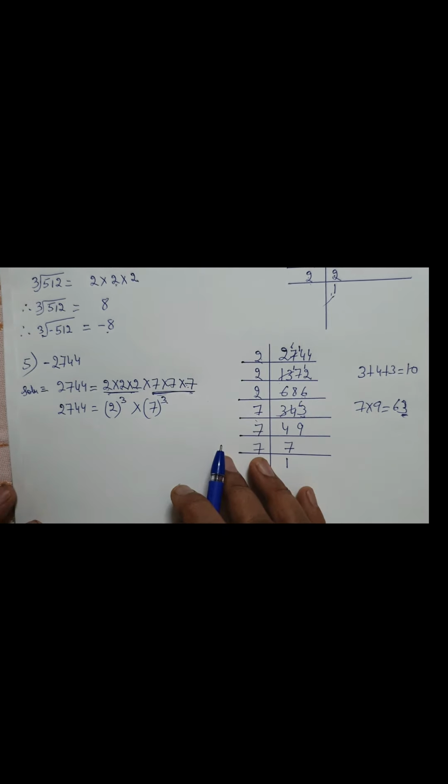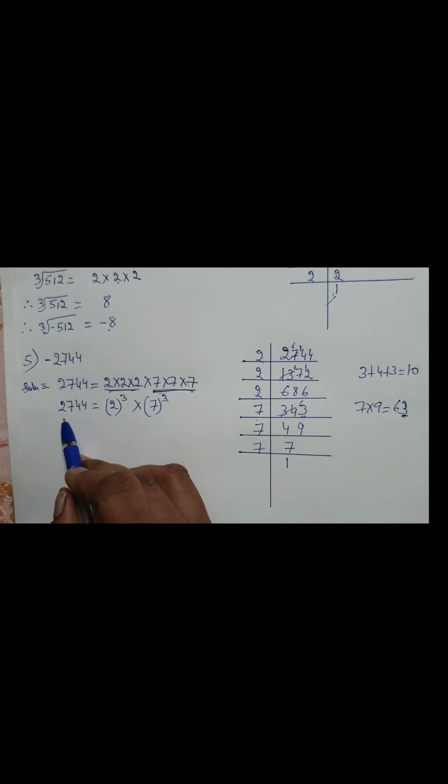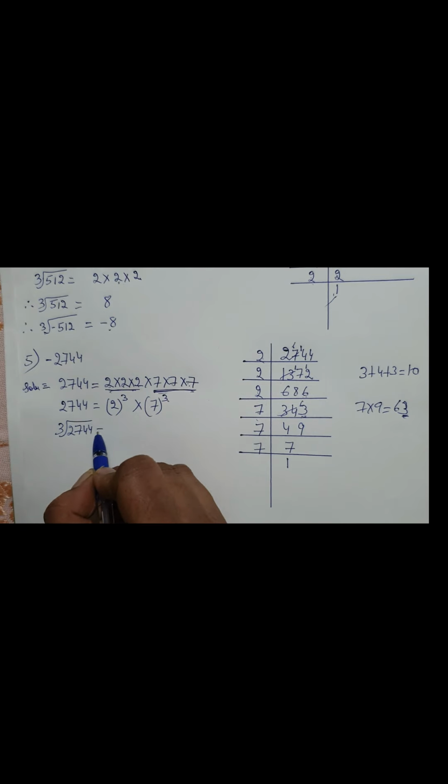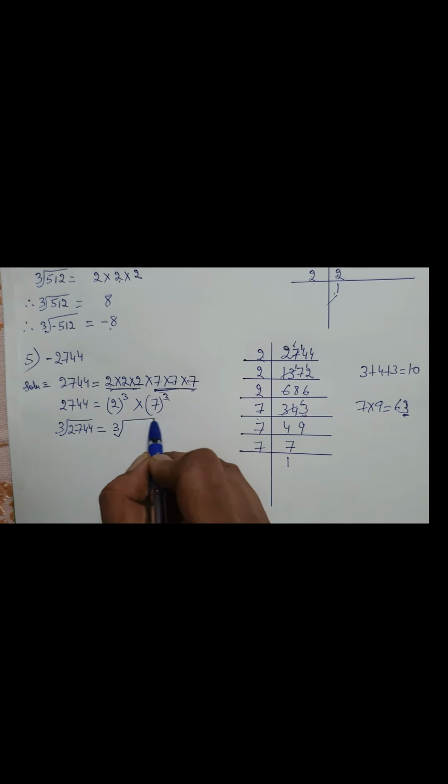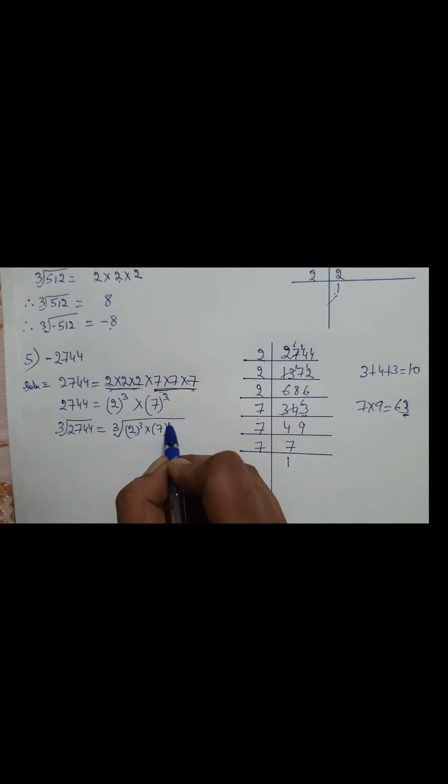Now we have to find the cube root of 2744. So the cube root of 2744 is equal to, you have to put the cube root, extend this radical sign and put all these numbers inside. Okay, so we put 2 cube multiplied by 7 cube inside.